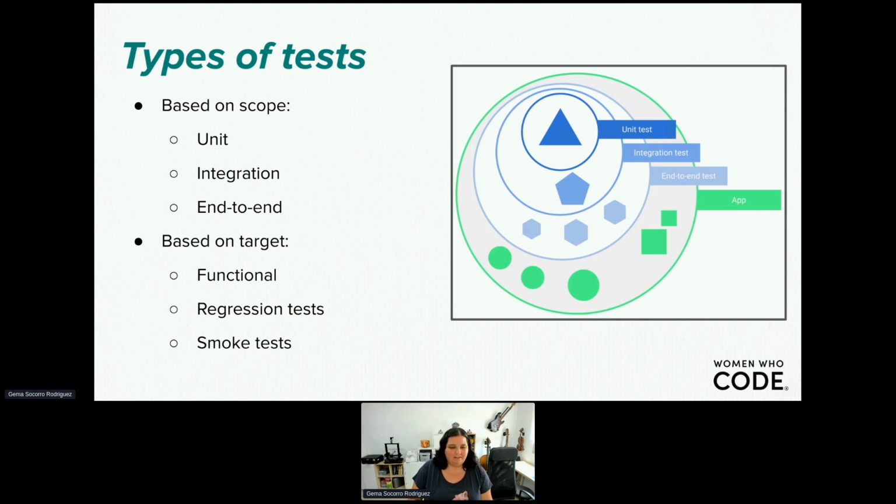We will have regression tests that we use to test the main path when something has changed, in case you have broken anything. And then we will also have smoke tests, which are kind of fast tests that are done over the whole application. So depending on what we want to test, and also depending on the target, we could have different kinds of tests.